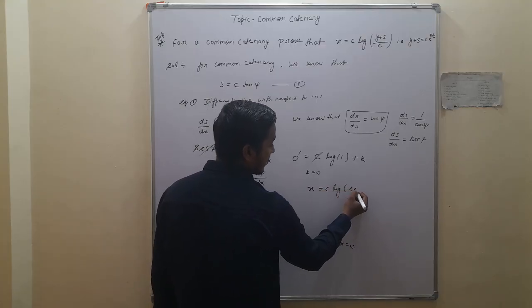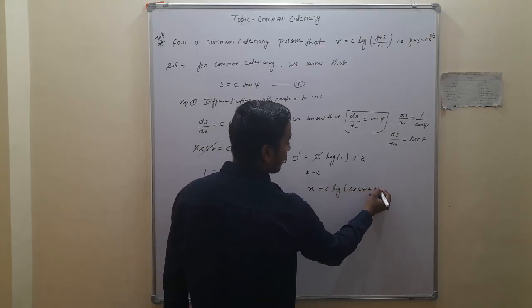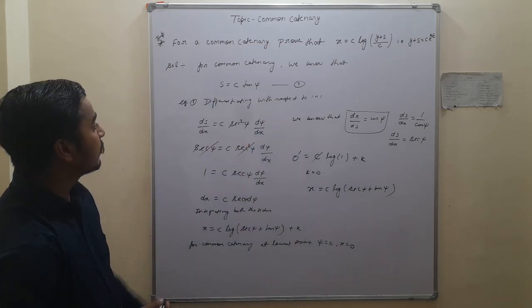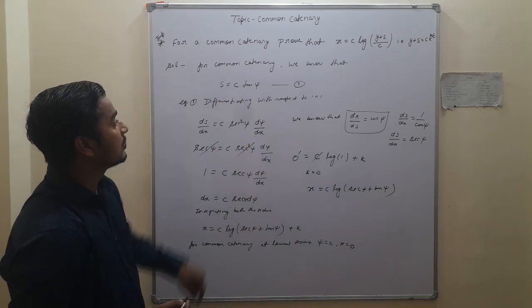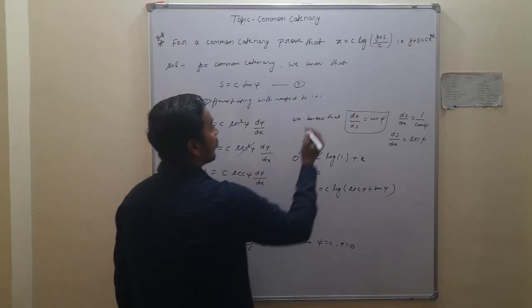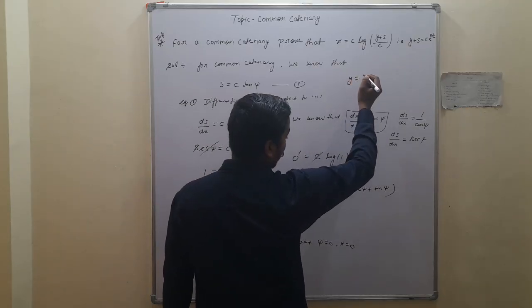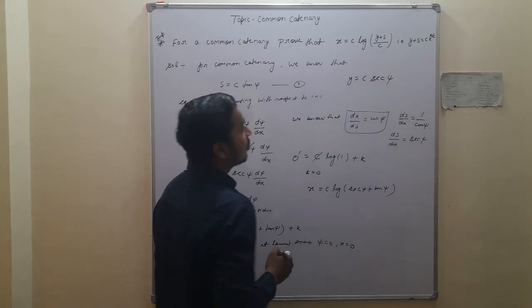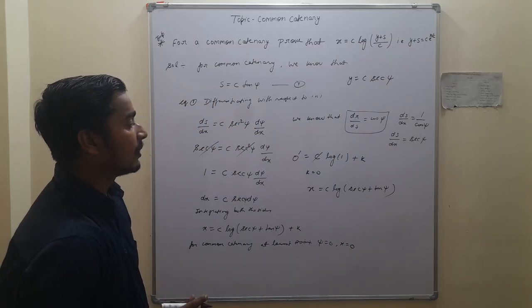We know that s is equal to c tan psi, this is the intrinsic equation of the common catenary, and y is equal to c sec psi is also an intrinsic equation of the common catenary.